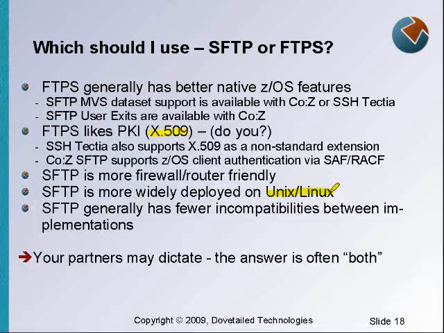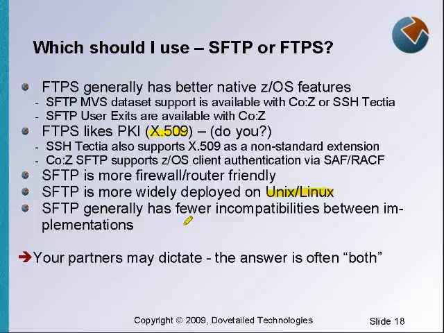If you're talking to partners who are using Unix or Linux, they're going to ask you to please use SFTP as their preference. Finally, SFTP has generally fewer incompatibilities between implementations. The implementations are generally very, very compatible. You just don't find problems.